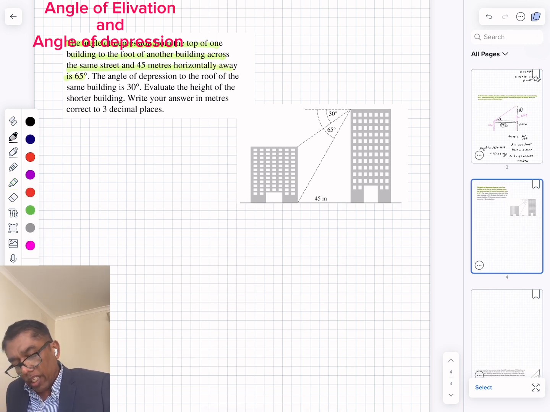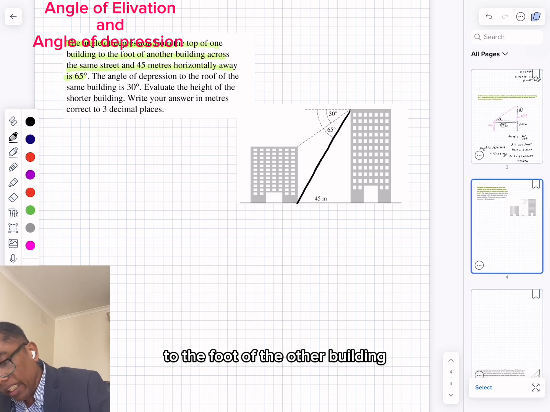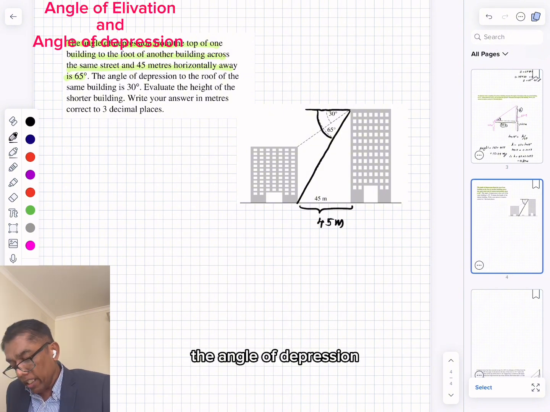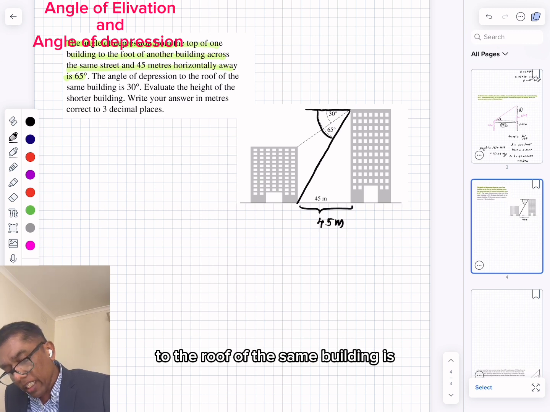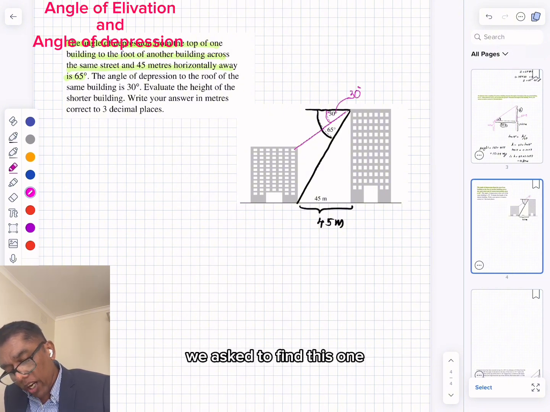Here, the distance between the buildings is 45 meters. The angle of depression to the roof of the same building is 30 degrees. Evaluate the height of the shorter building. We are asked to find this one.